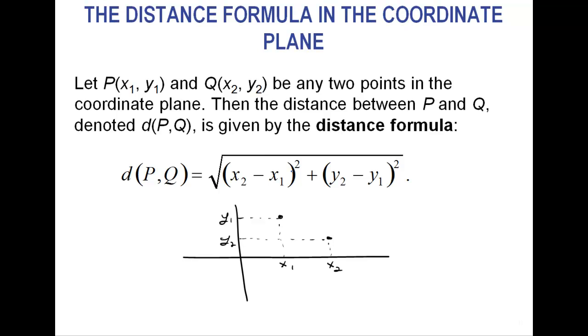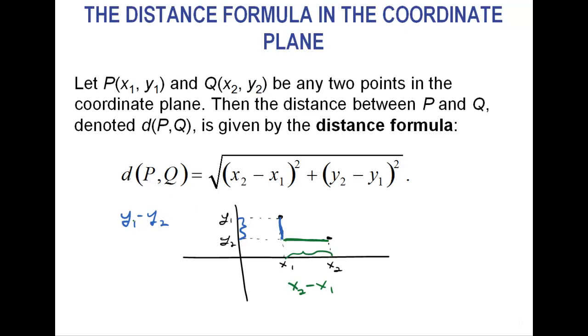Then hopefully you can see now that this distance from there to there is this distance here, which is just y1 minus y2. And then the horizontal distance here in green is this distance there, which is x2 minus x1.